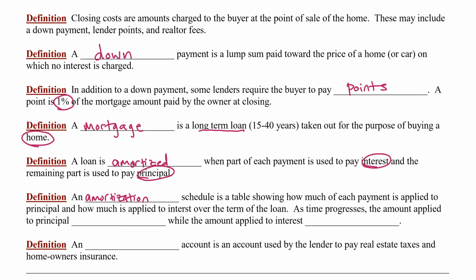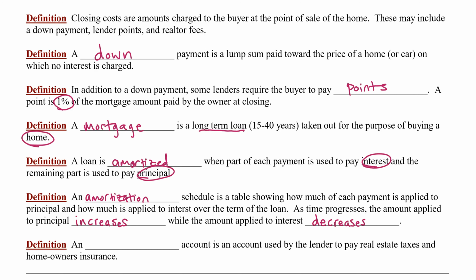As time progresses, the amount applied to principal increases. And as your debt decreases, the amount that applies to interest decreases. Now, we're going to talk about some strategies at the end of this section that will help you to avoid paying some of that interest on your loan.